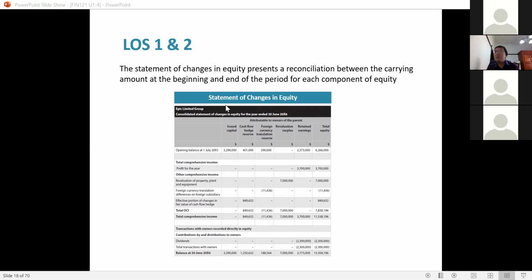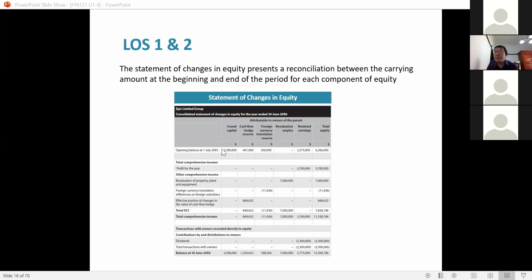So within the equity account of, say, a fictitious company, you've got issued capital, you've got a cash flow hedge reserve, you have a foreign currency translation reserve, you have retained earnings and revaluation surplus. What this statement does is that it looks at how these amounts have changed over the year. So it's simply a reconciliation of the sub-accounts within equity.